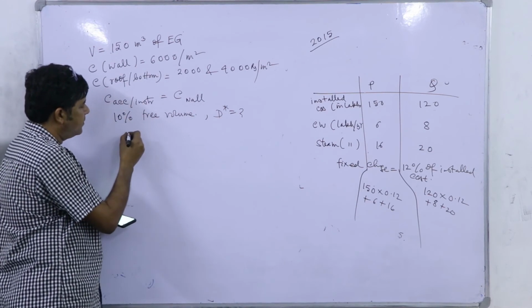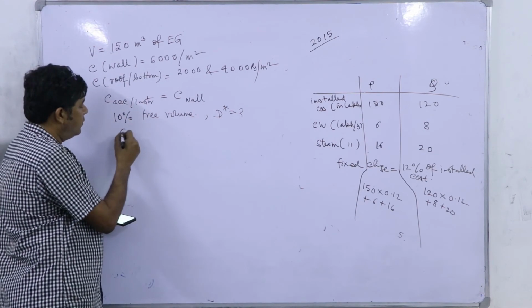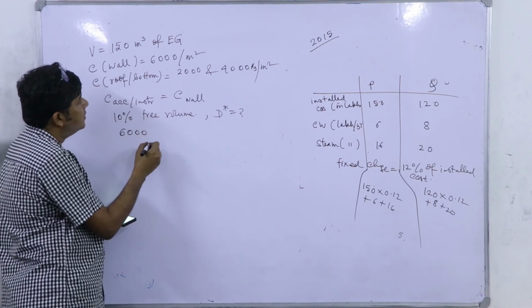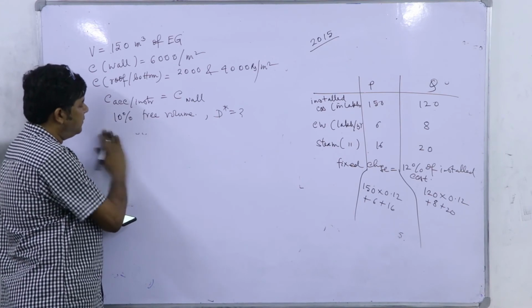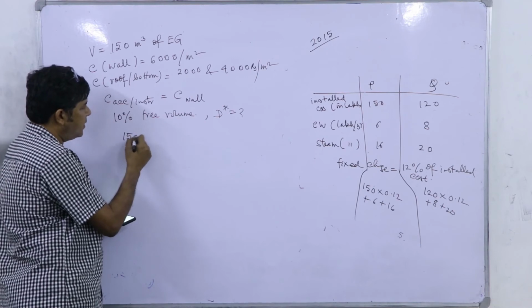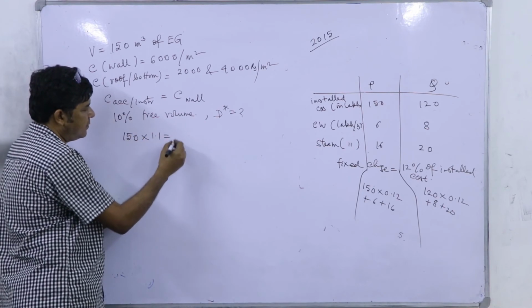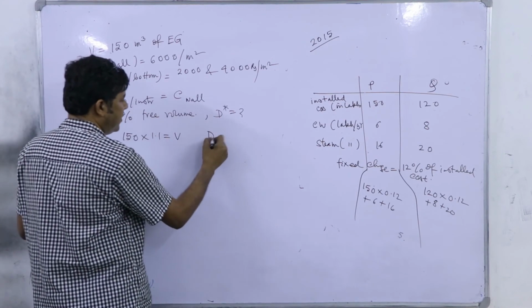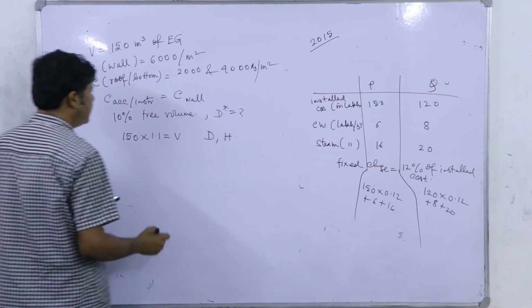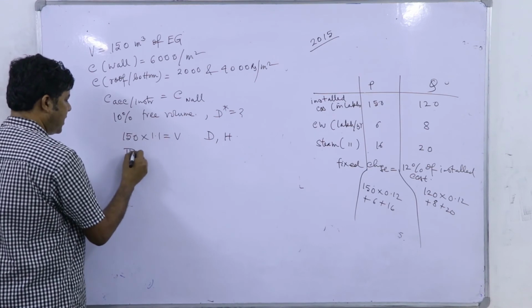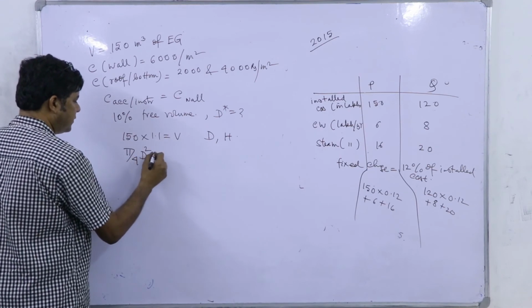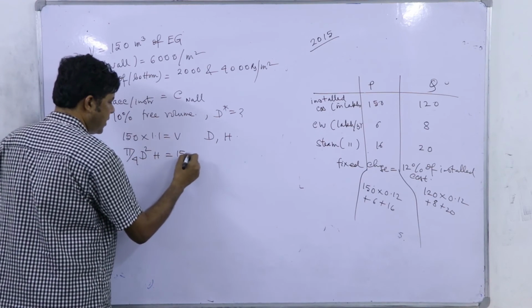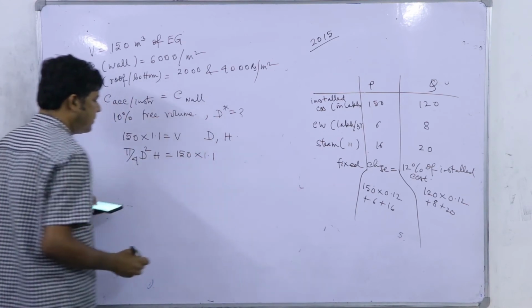So the volume will be 150 into 1.1, that is the volume of the tank. Let the diameter be D and height be H. So we can write pi by 4 D square into H is equal to 150 into 1.1.